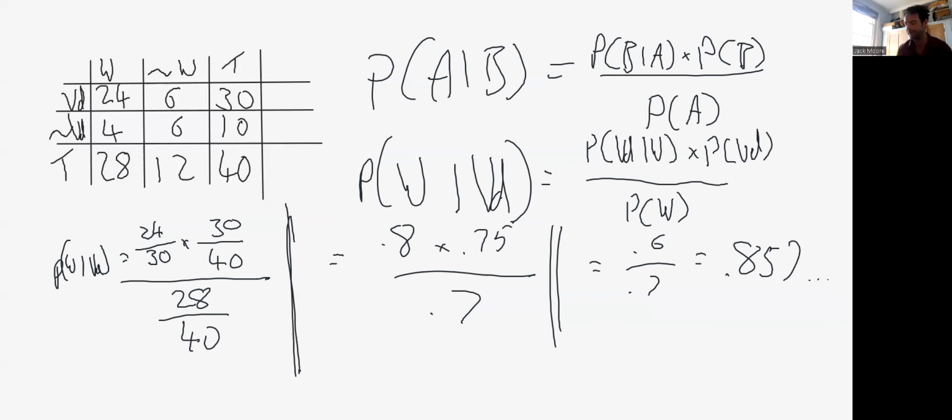So that would mean that the probability that Liverpool will win if Van Dijk plays is 0.857 and some change. So there's an over 85% chance that Liverpool will win if Van Dijk plays the game.